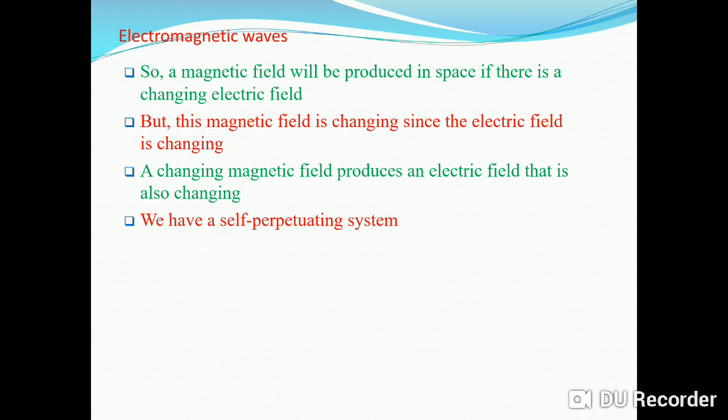So that is the summary. So what is an electromagnetic wave? A magnetic field will be produced in space if there is a changing electric field, but this magnetic field is also changing. Since the magnetic field is changing, a changing magnetic field produces an electric field that is also changing. We have a self-propagating system.